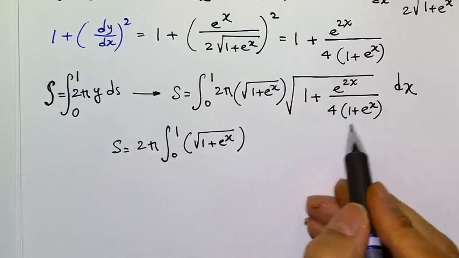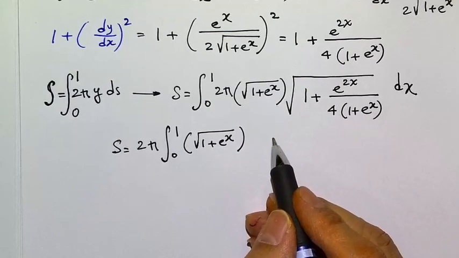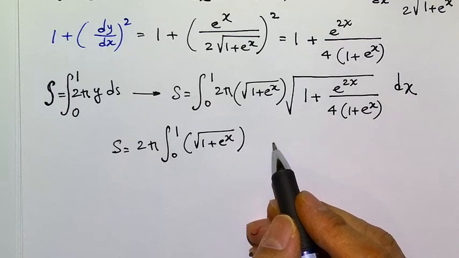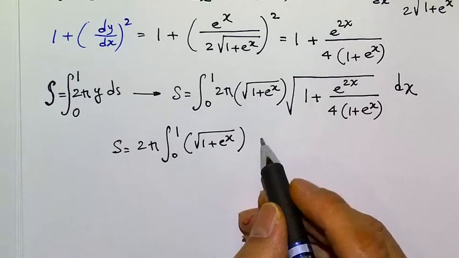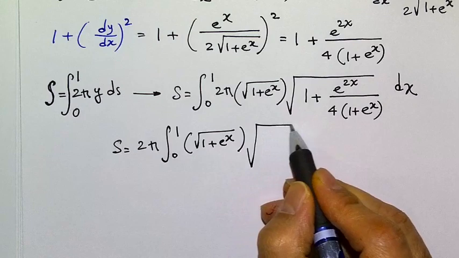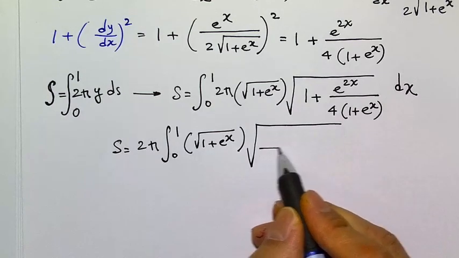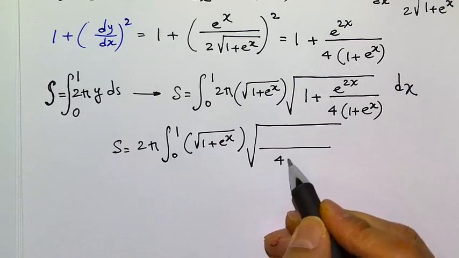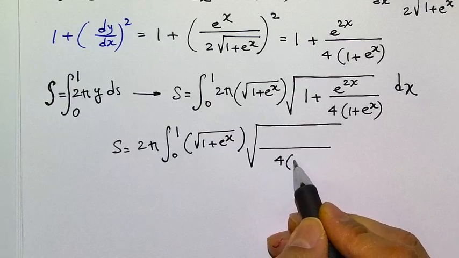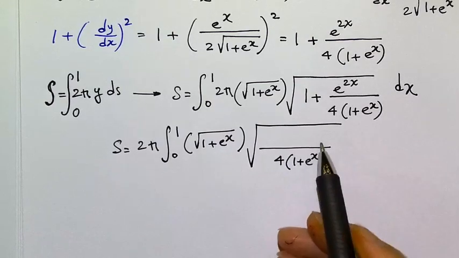And then if we take the common denominator here, we will end up with 4 times 1 plus e to the x.